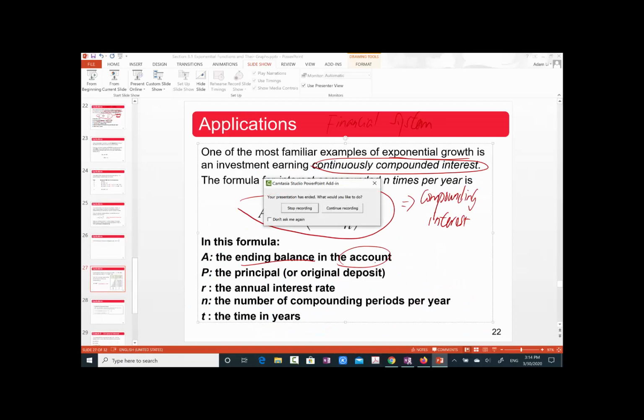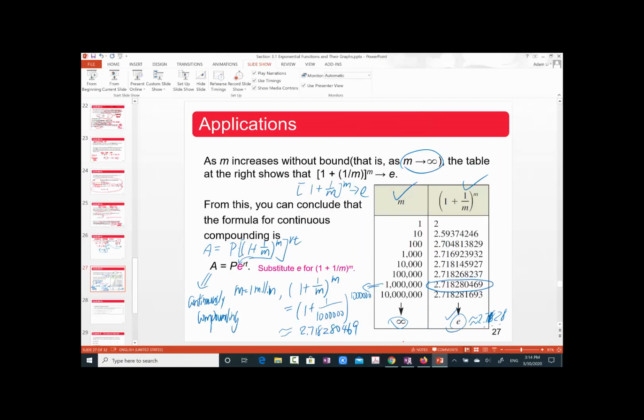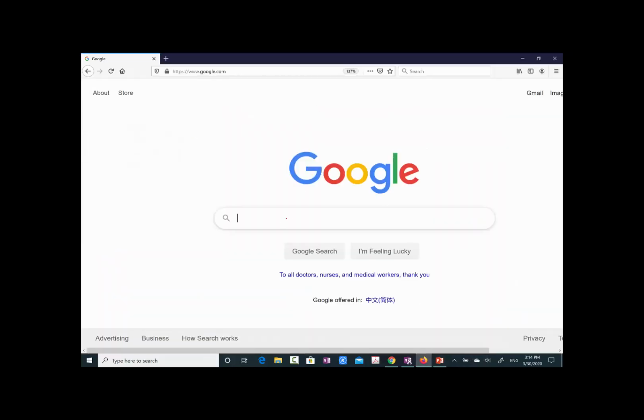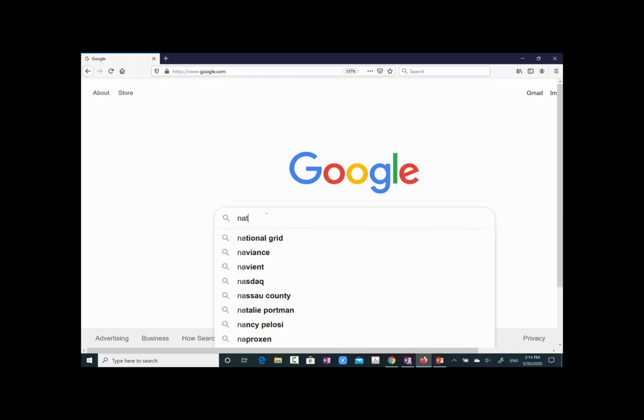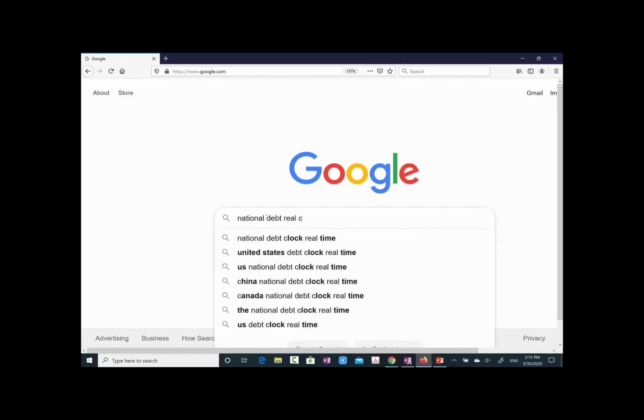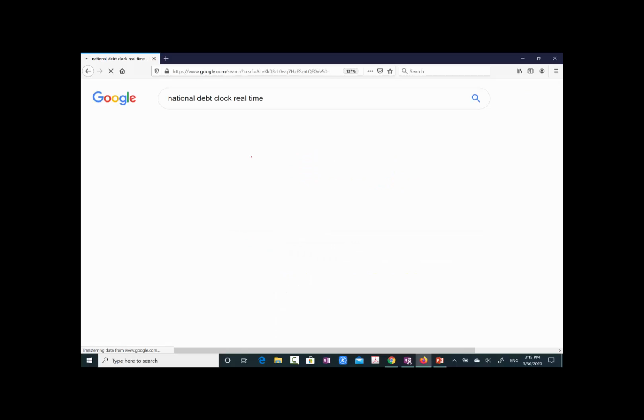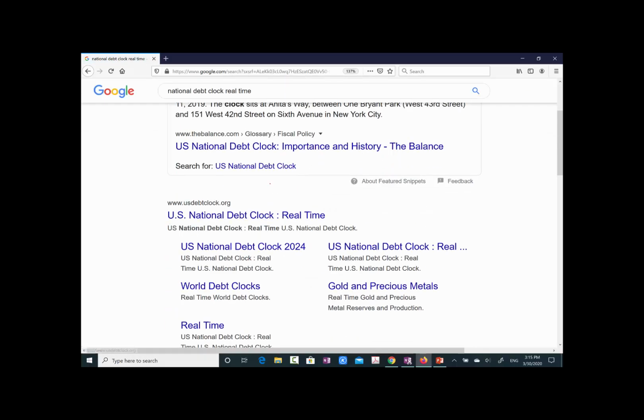I also want to show you a real life application. If you go to Google and type in national debt real clock, you'll be able to see the US national debt, which is compounded continuously.